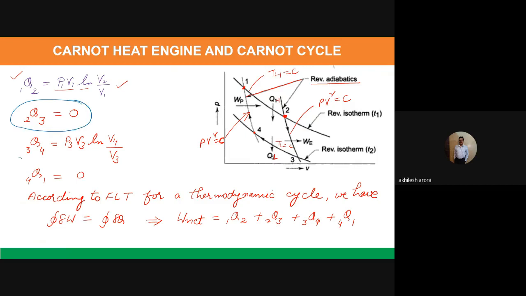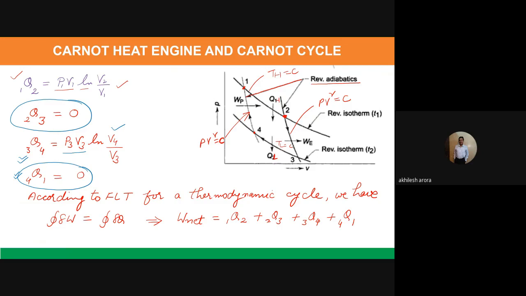Similarly, process 3 to 4 is a reversible isothermal process, and in this particular case, the heat transfer is given by P3 V3 log natural V4 by V3. During the process 4 to 1, heat transfer is equal to 0, being an adiabatic process. Now you can see we have four processes in which the system is undergoing a thermodynamic cycle.